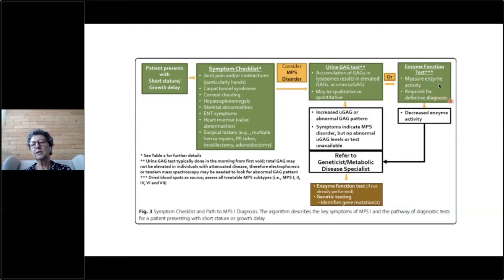In 2018, we had the last MPS International meeting with patients and people that work with these diseases.